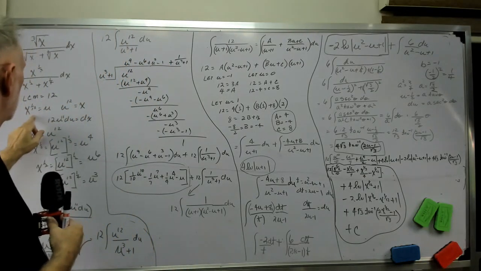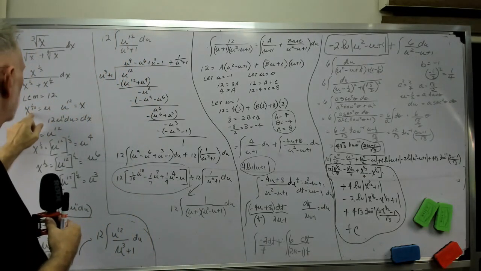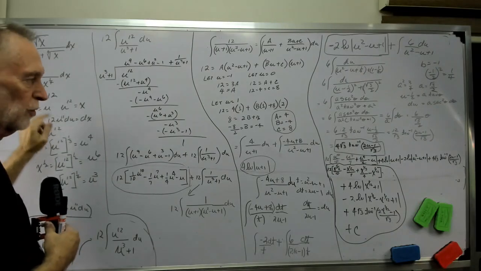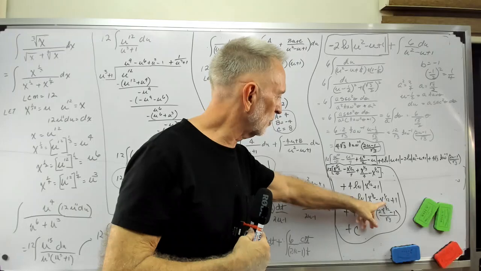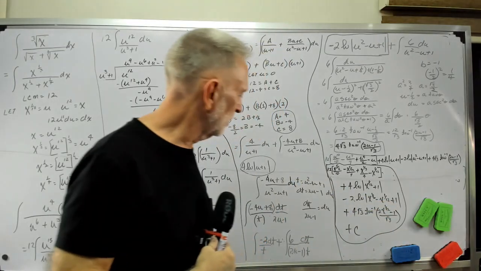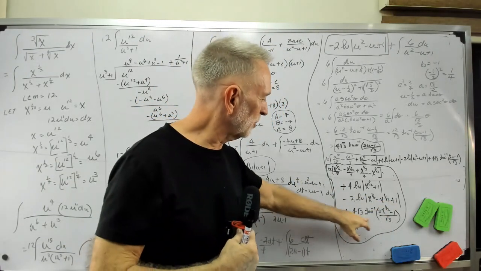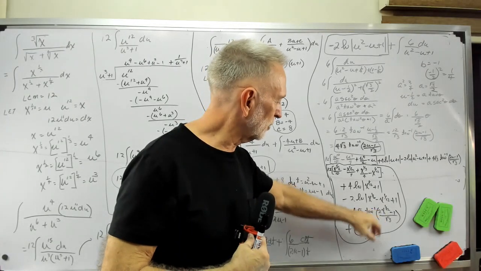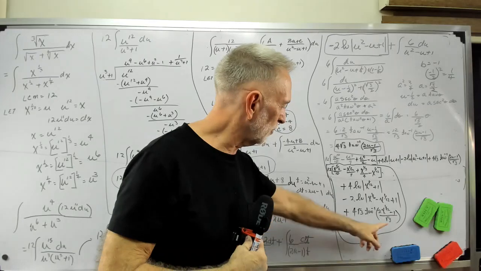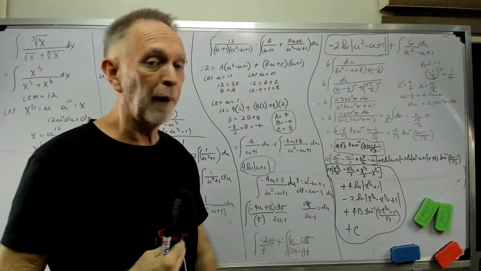So u squared would be x to the 2 over 12, which is x to the 1/6, minus x to the 1/12 plus 1, plus 4 square root 3 tangent inverse 2x to the 1/12 minus 1 over square root 3 plus c.